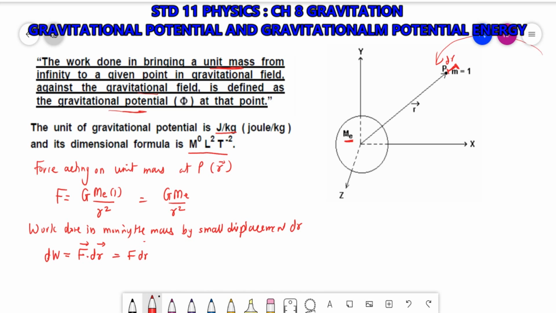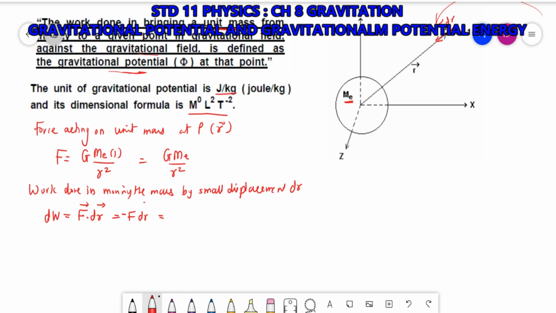Now see the direction of force. That will be in this way, and dr is opposite, so the angle makes 180. So F dot dr will become F dr cos theta, and as both are in opposite direction, it will be equal to minus F dr. Why minus?